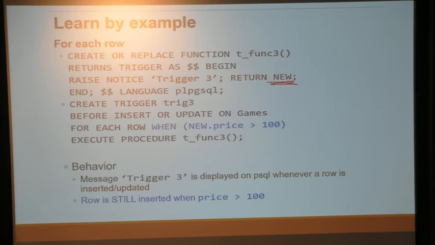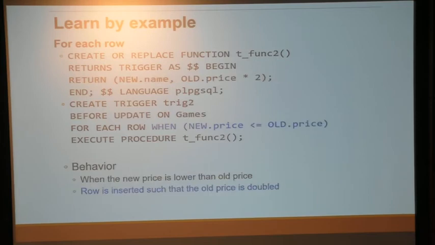So what happens if you want to insert something, but you want to modify the value? Here, you're just going to insert whatever value was given to the query in the first place. Right? But if you want to modify, then you have to return the tuple with the exact same structure that you will expect it to. Okay? So here's an example. What I'm going to return is this particular tuple.